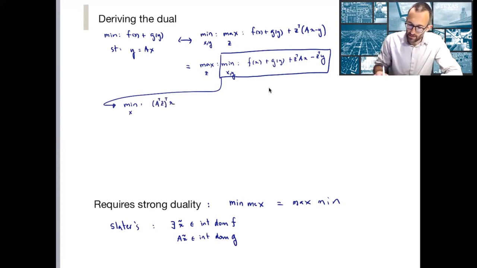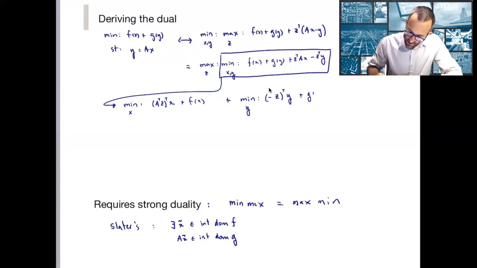So you see that this is exactly this term here, plus f of x, and then plus min over y of minus z transpose y plus g of y.